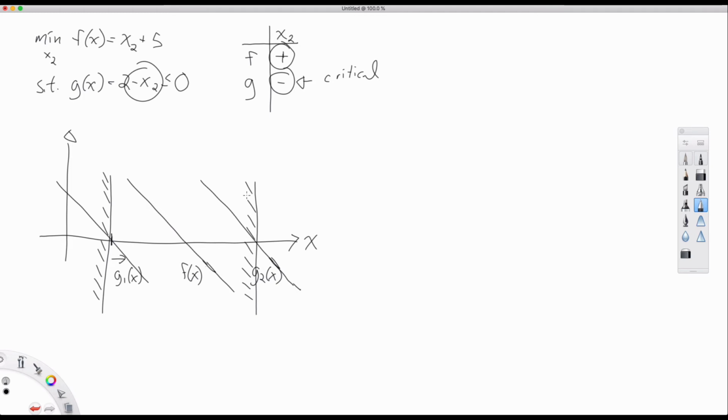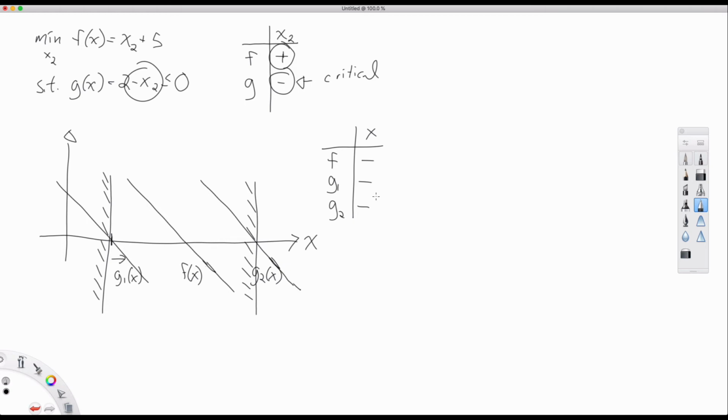g2 dominates g1, thinking back to the definition we went through just a few moments ago regarding constraint dominance. Let's have a look at the monotonic relationships here. We could construct a monotonicity table for this case. f, g1, g2, x. f is always decreasing. g1 is always decreasing. g2 is always decreasing.